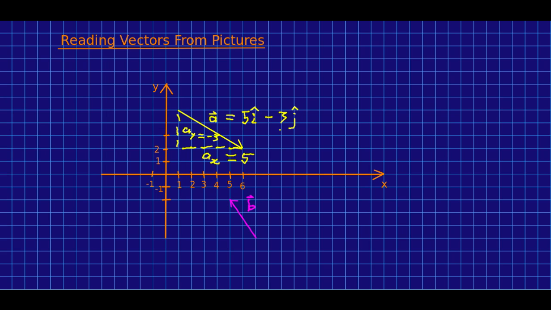Okay, those might look intimidating, but there's no need for them to be intimidating. This i hat just means in the positive x direction, and this j hat just means in the positive y direction. So you just read this 5 in the positive i direction and minus 3 in the positive y direction. You may have learned to write a vector like this as an ordered pair, like so.